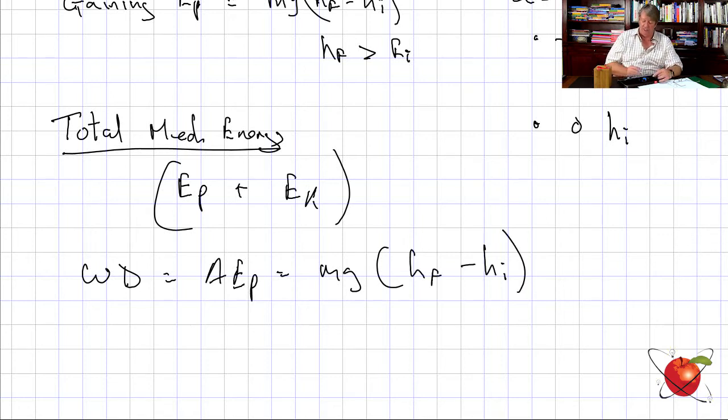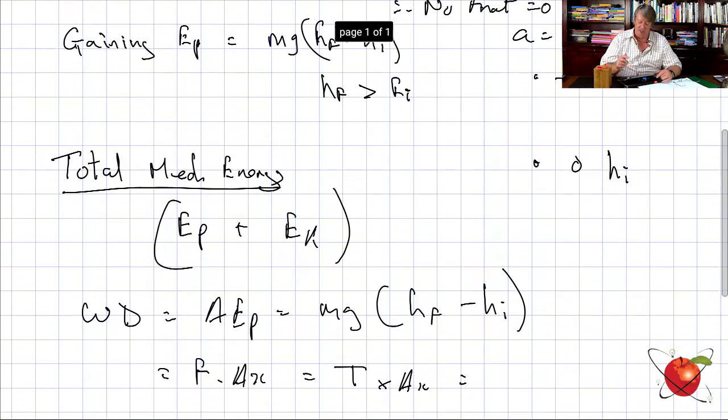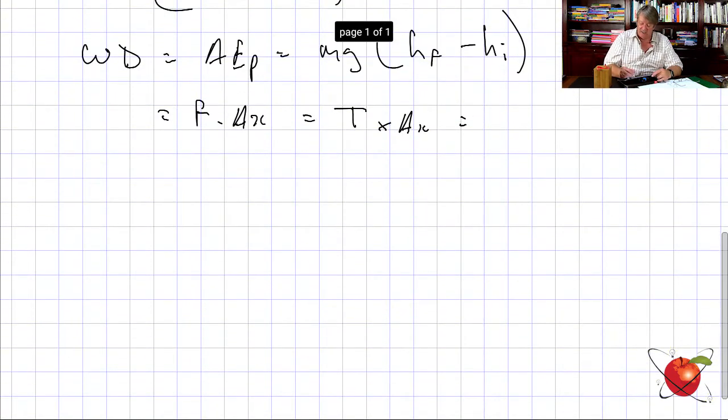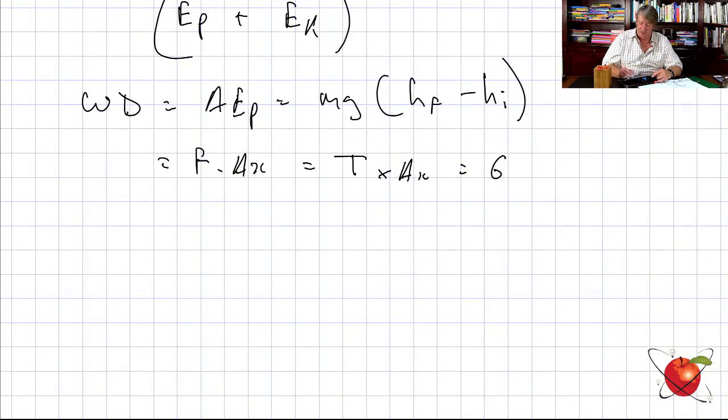That is all the work, and in this case the work done is the force times the delta x up, and the force is going to be equal to, in this case, my tension in the rope times delta x, which is, if I just use the numbers that we've got there, I used a 60, 60 times delta x.